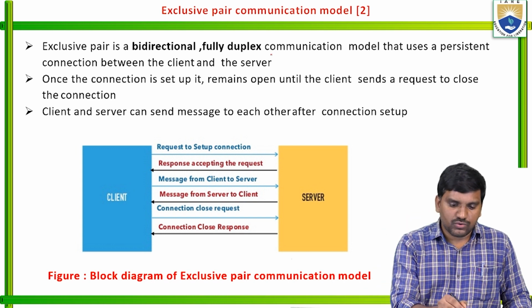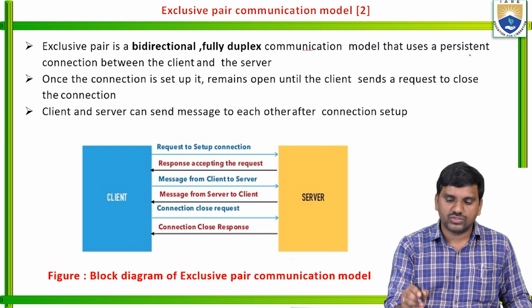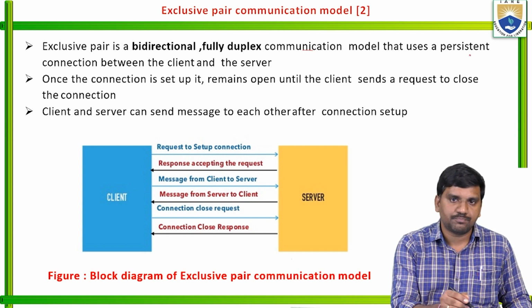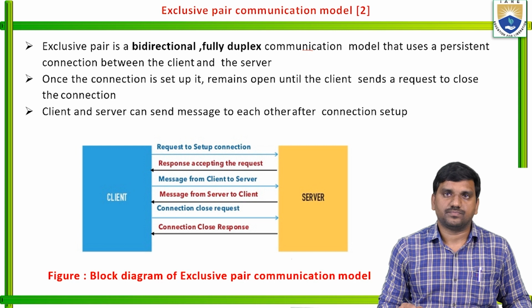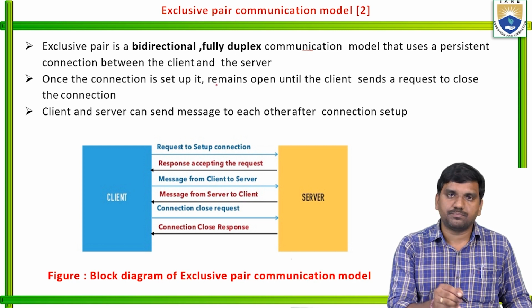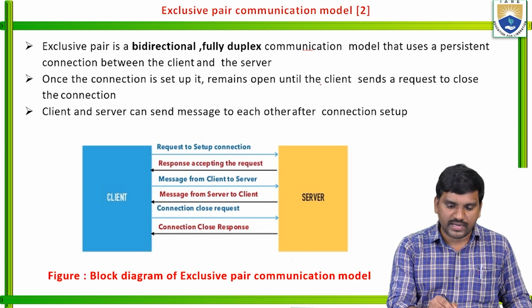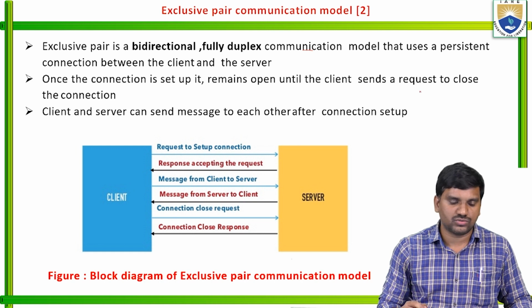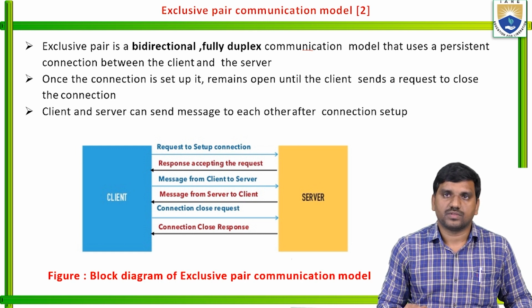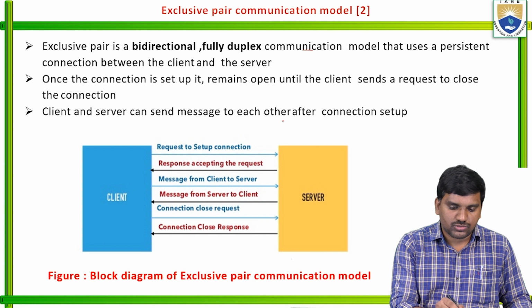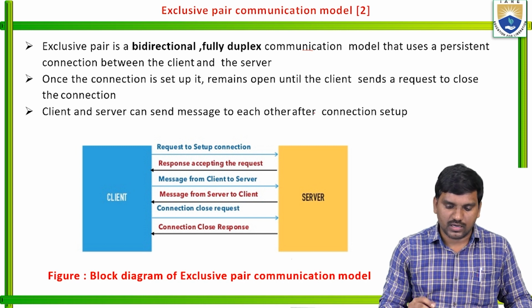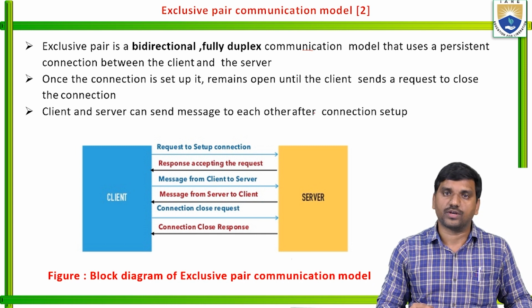So the bidirectional full duplex communication model uses a persistent connection between the client and the server. Once the connection is set up, it remains open until the client sends a request to close the connection. Client and server can send messages to each other after connection setup is over.